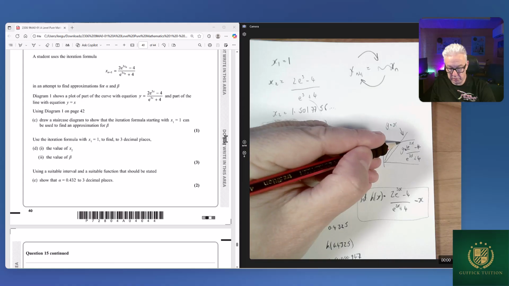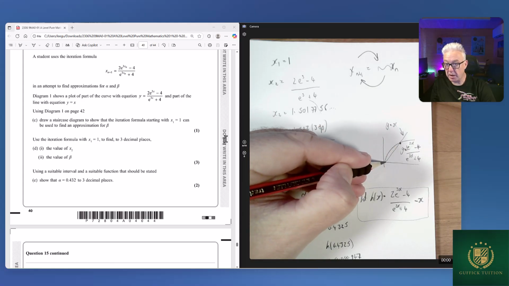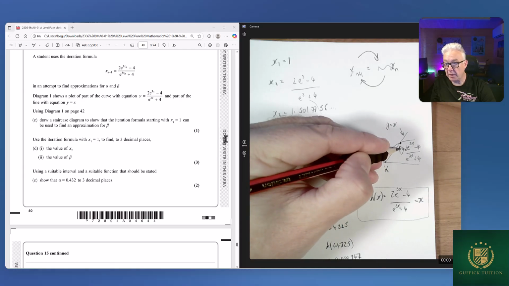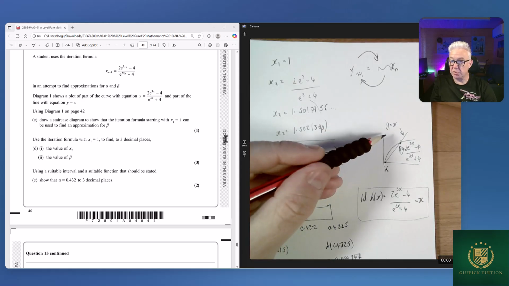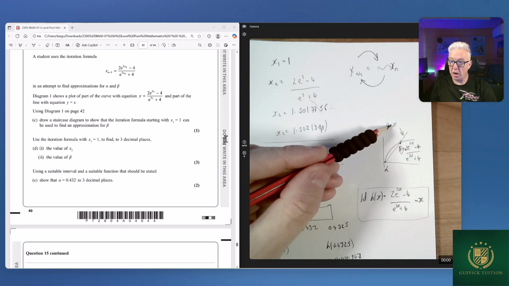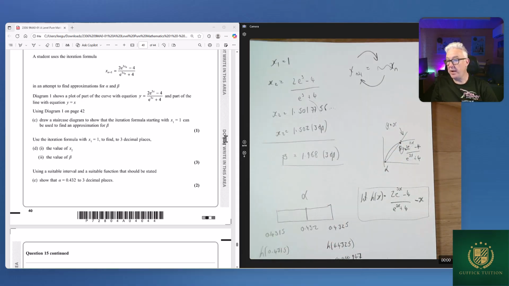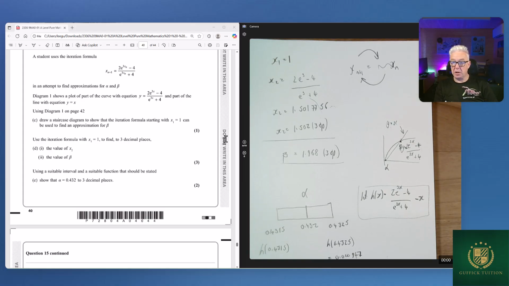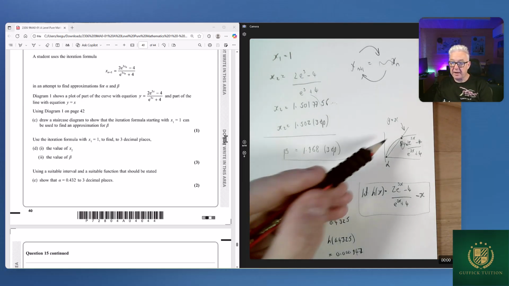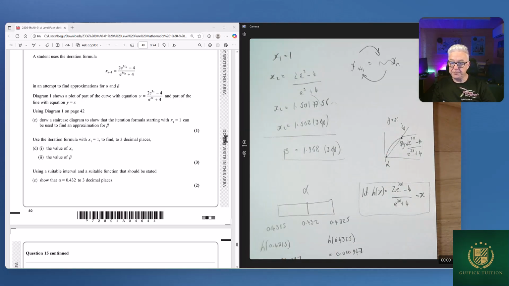And our 2 roots, alpha and beta, so there was our alpha down there, and there was our beta, they're solutions to the equation, this is equal to x. Okay, so in other words, the 2 lines are equal to each other, that gives us the solutions alpha and beta.